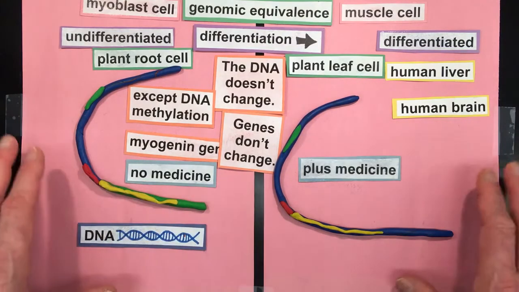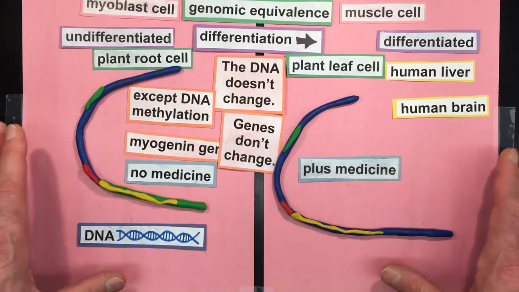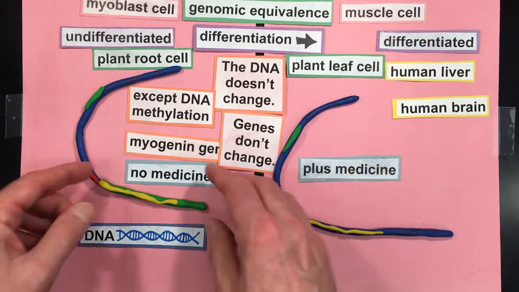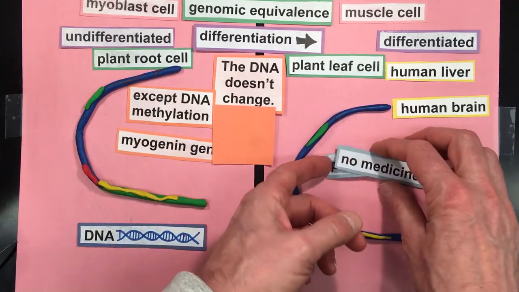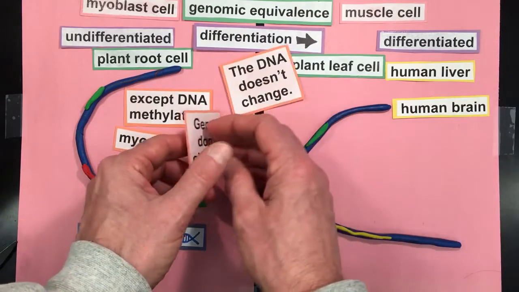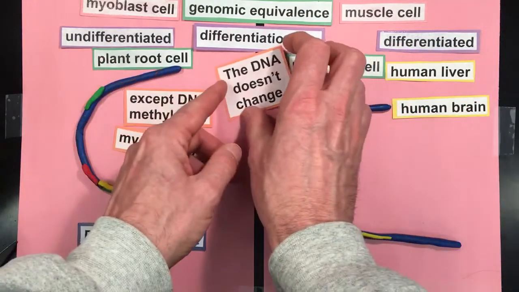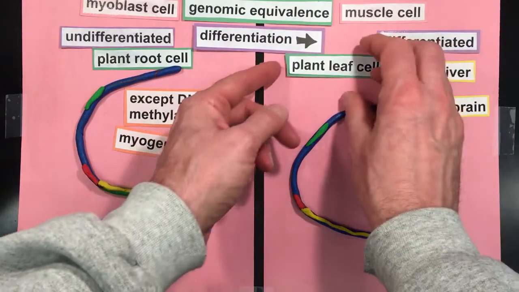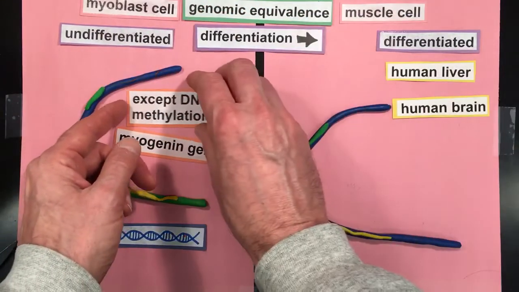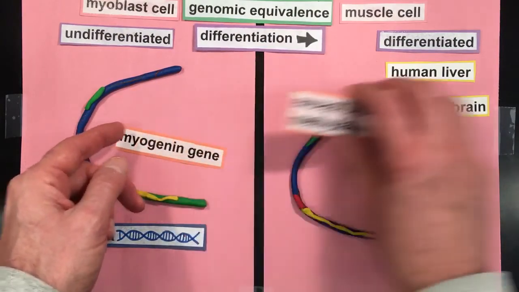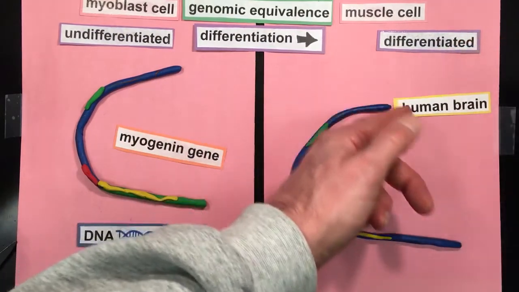But in general, we are born with the same DNA we'll have for our entire life. The baby, the teen, the adult all have the same DNA information. The undifferentiated cell and the differentiated cell have that same information. The second video is going to describe what does change during cell differentiation.